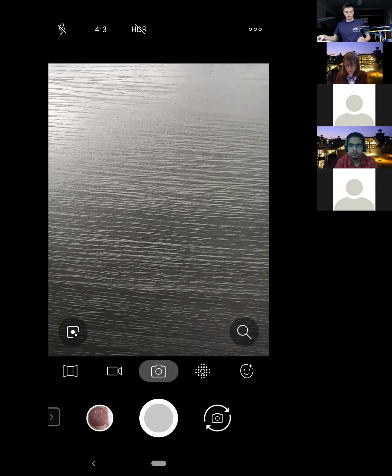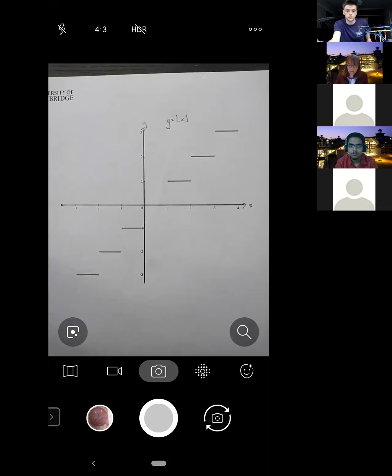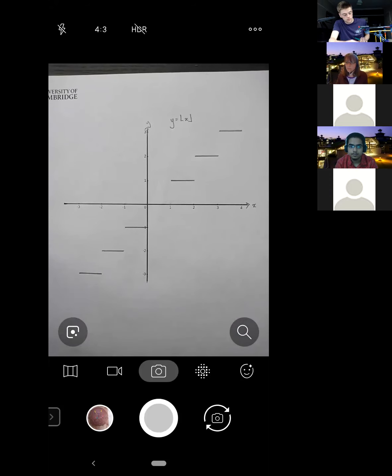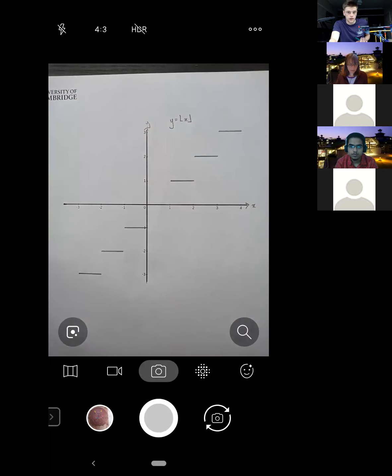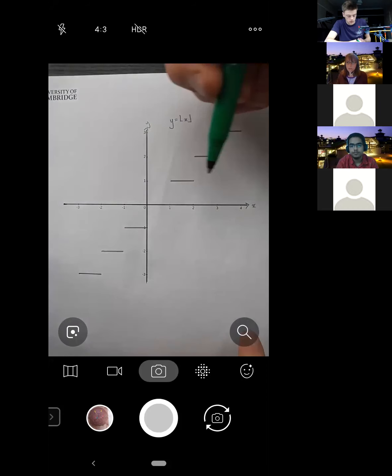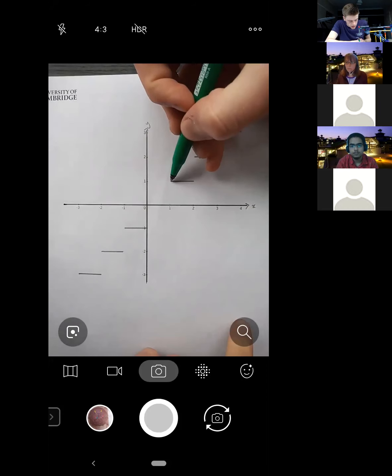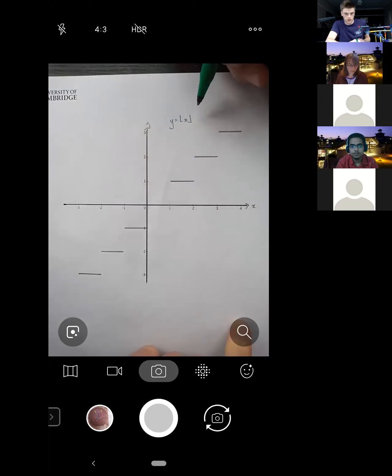Okay, so first here's a graph, and this is just y equals floor of x. I'm just going to talk briefly about the endpoints of the intervals here. Okay, so at this point, at x equals 1, floor of 1 is 1.